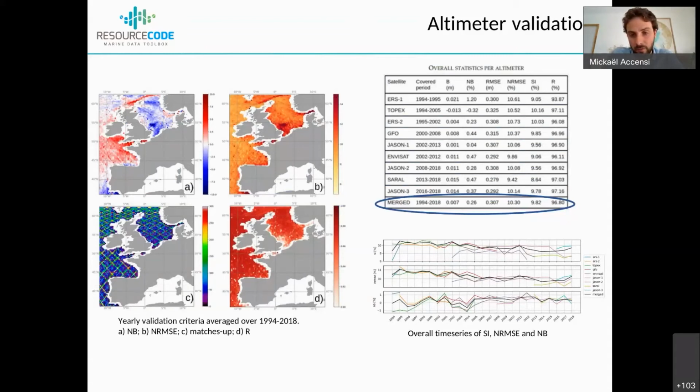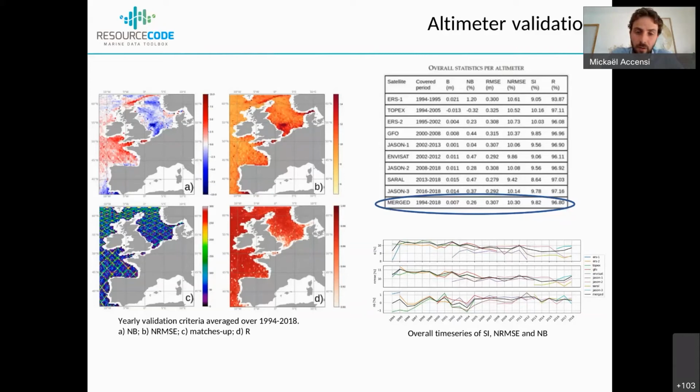And if we focus on the last line, which is a merged product of all the colocalization for the period from 1994 up to 2018, you can see that the bias is really close to zero. And the error is about 30 centimeters on average, which represents 10% error. So that's really good results.